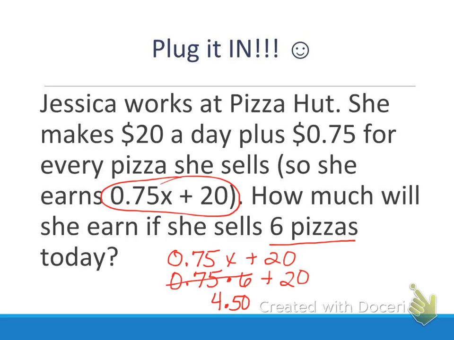You can work that out and you'll have to on yours, but I'll just tell you to make it faster. Plus 20. So we have 20 plus 450. $24.50. Careful about that decimal. Okay?